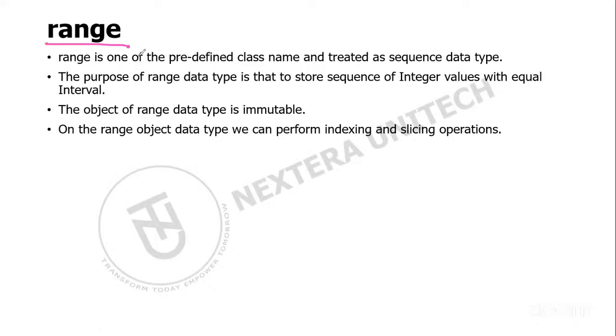So what is the purpose of the range data type? The range data type helps us to store a sequence of integers. Multiple integers can be stored. But is there any limit for it? No. If you observe bytes and bytearray, only the values between 0 and 255 are allowed.